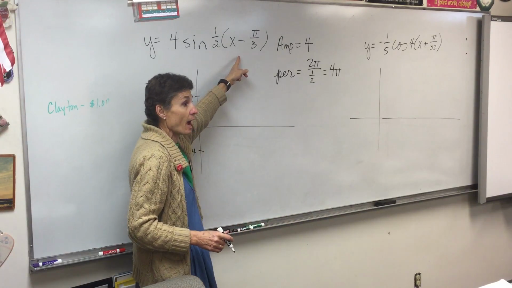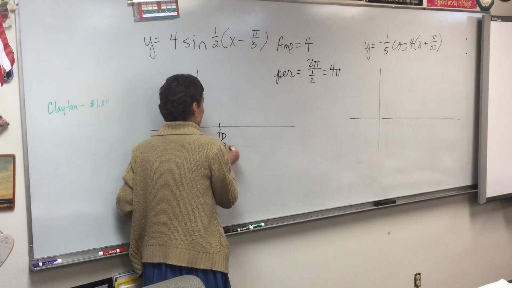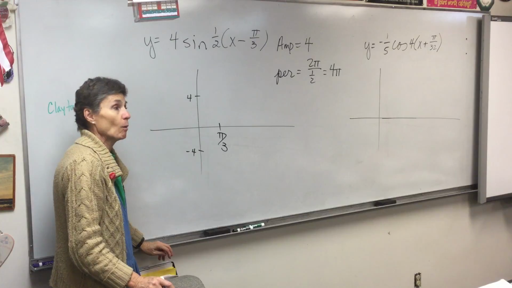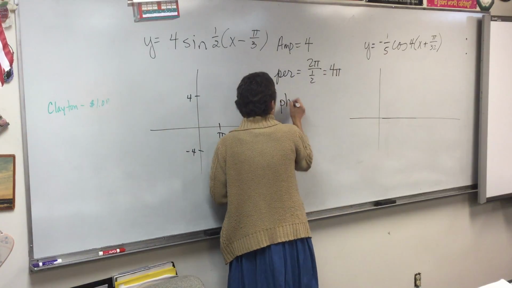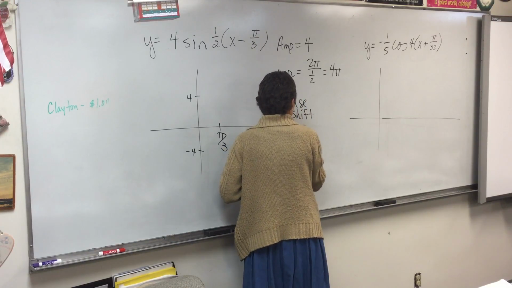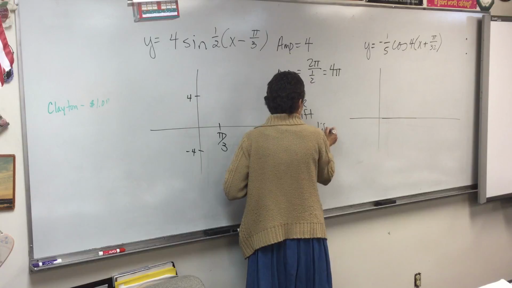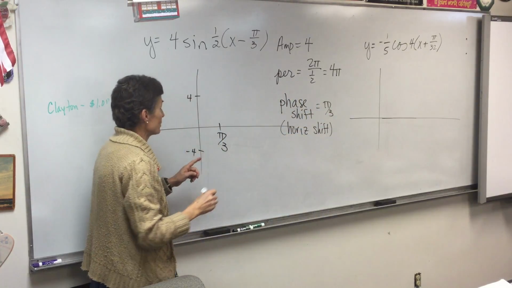This is inside with the x, so it's a sideways move. It's shifting to the right, pi over 3. Now, what does that mean? By the way, that's called the phase shift or the horizontal shift. And it's positive pi over 3. We move pi over 3 to the right.